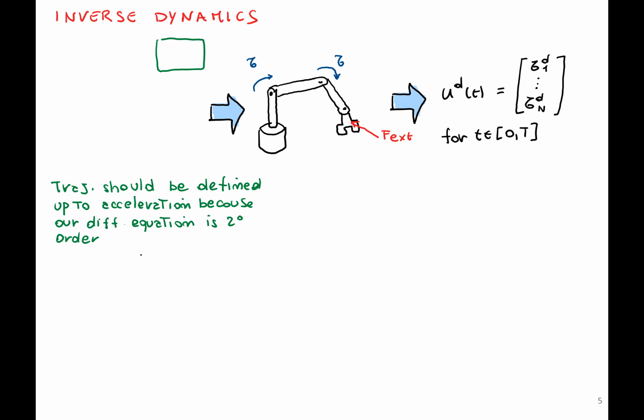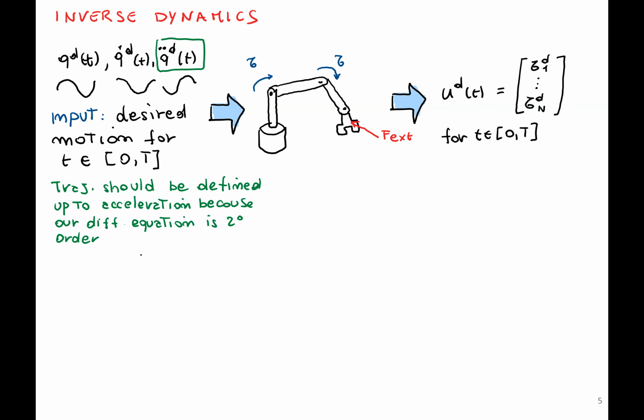While in terms of inverse dynamics, we do the opposite. We have as input the desired motion for the robot in an interval between 0 and t, for example. Remember that this trajectory should be defined up to the acceleration level, because our differential equation is second order.